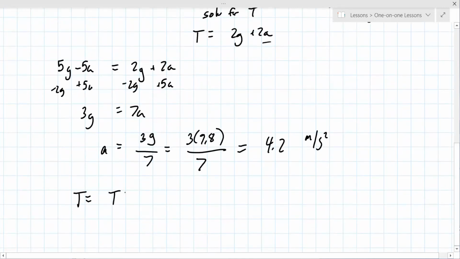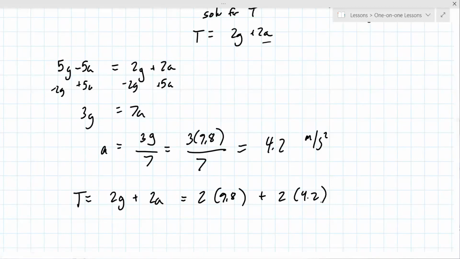Tension is 2g plus 2a. So 2 times 9.8 plus 2 times 4.2. That works together nicely. So we got 9.8 times 2, and then 4.2 times 2, which is 8.4, plus 19.6, and I get 28 for tension.